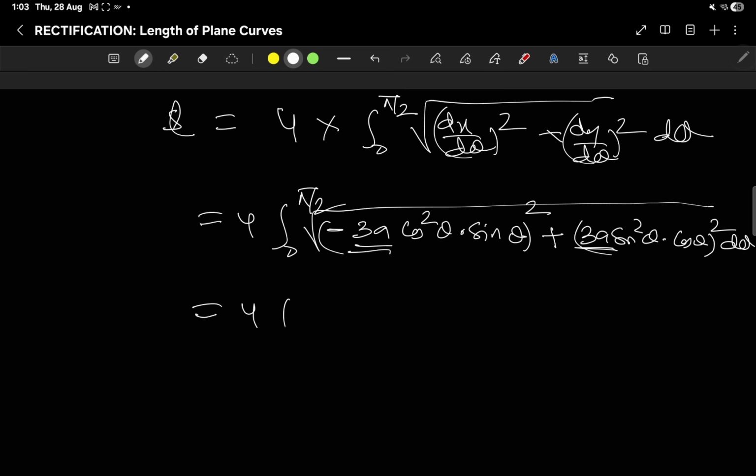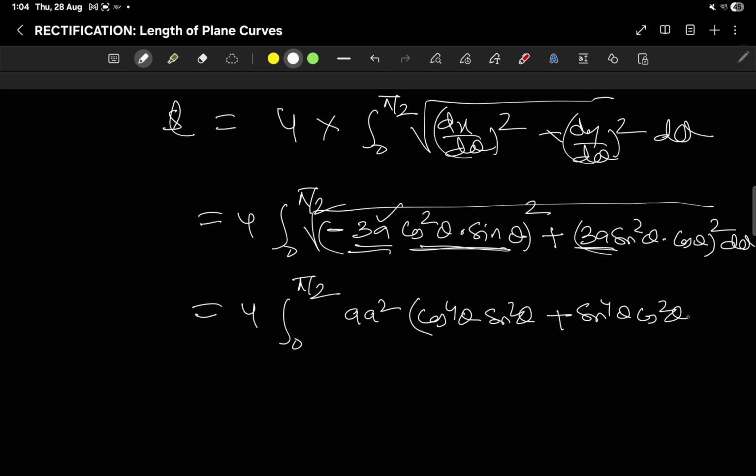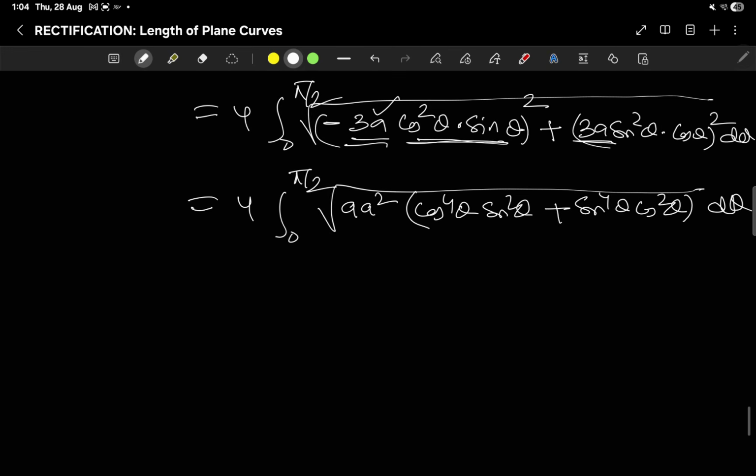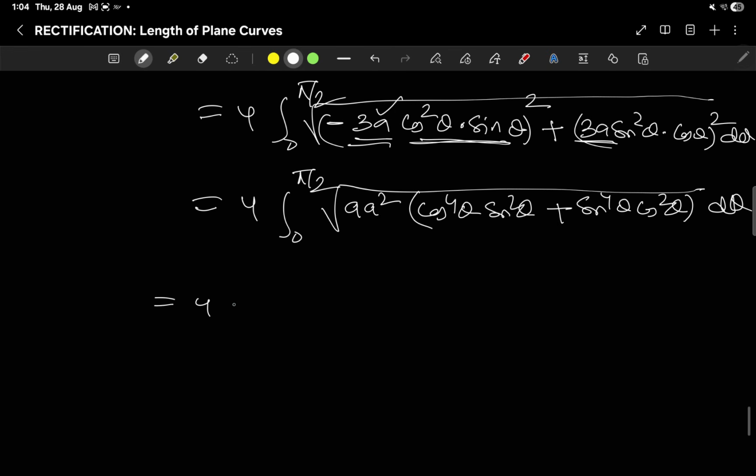So it is 4 times the integral from 0 to π/2 of the square root of 9a² (cos⁴θ sin²θ + sin⁴θ cos²θ) dθ. If you simplify it, it becomes 3a times the integral from 0 to π/2.